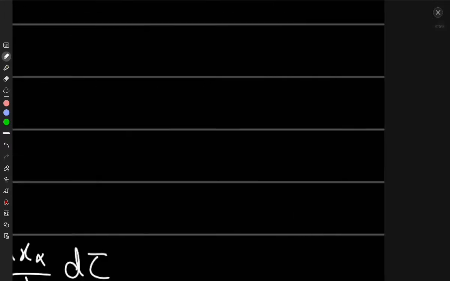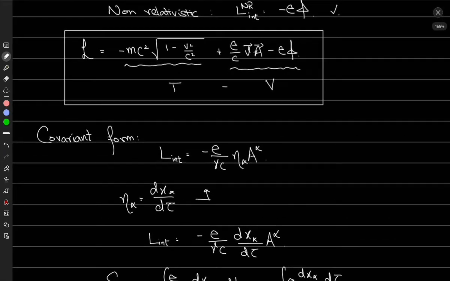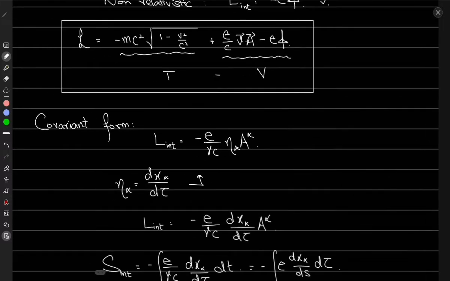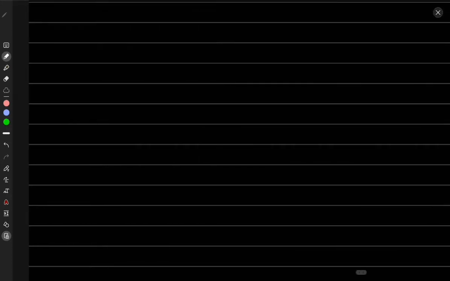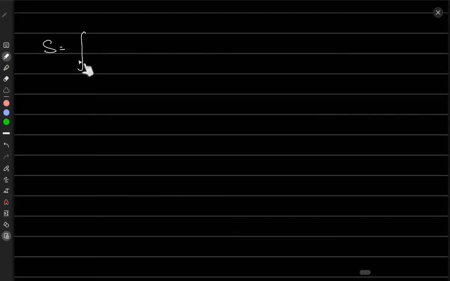Okay, so let's go to the next page. All right, now we can write the whole action integral for a charged particle in the presence of the electromagnetic field as S is equal to, so we'll use the same thing that we derived over here, and this would become integral from some S1 to S2.